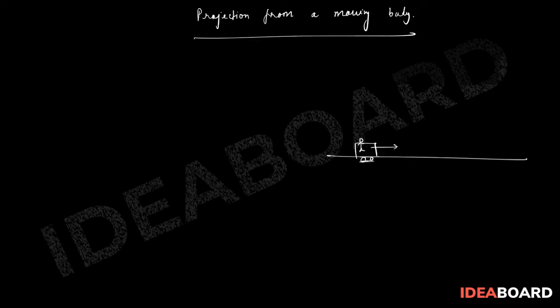Let us take this is the horizontal, and there is a cart or car in which there is a person, and this cart is, let's say, going with velocity v naught, and this person has thrown a particle at an angle alpha with velocity u, which is with respect to the cart.